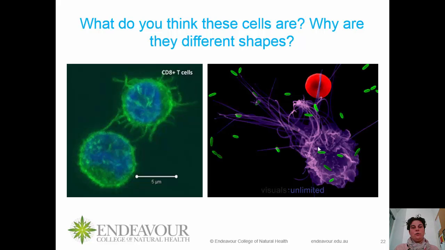But what it can do is live just under those big columnar cells that protect your gut, so that if anything does pass, these long hands are able to grab it and eat it and protect you even more on the inside. So different cells, different shapes, different structures, because they have different functions.